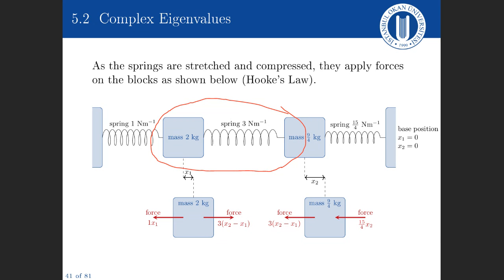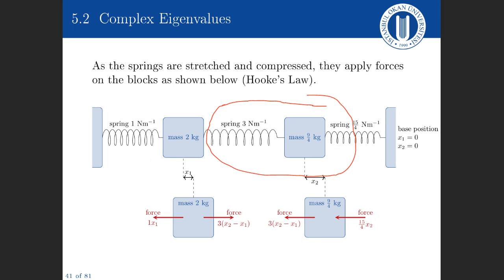So the force that the middle spring applies to the left block will be 3 multiplied by (x2 minus x1). We can do the same thing for the right-hand block. This is going to pull the right-hand block to the left with force 3(x2 minus x1).